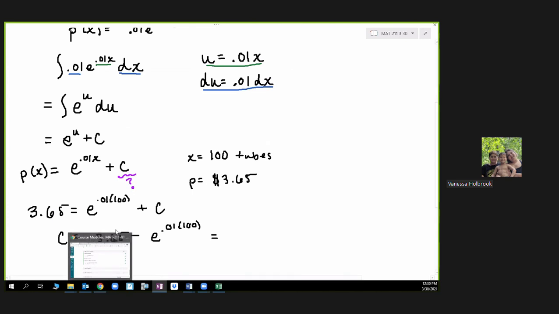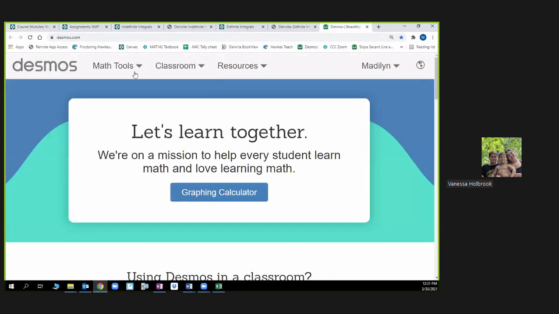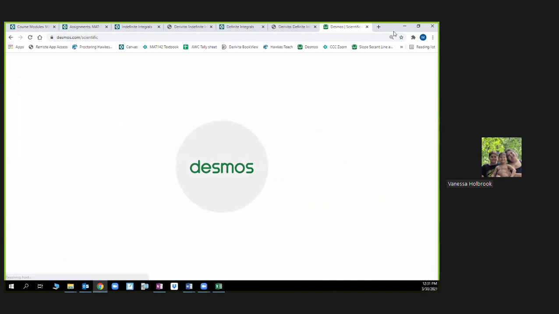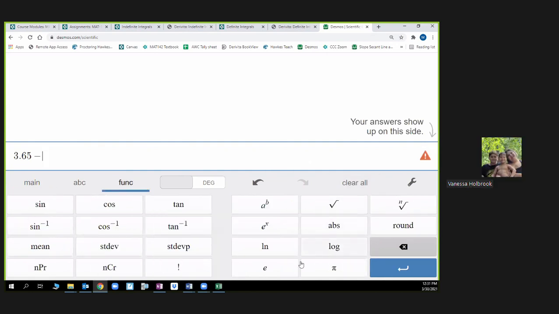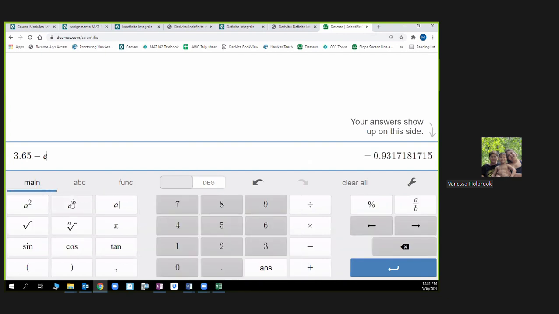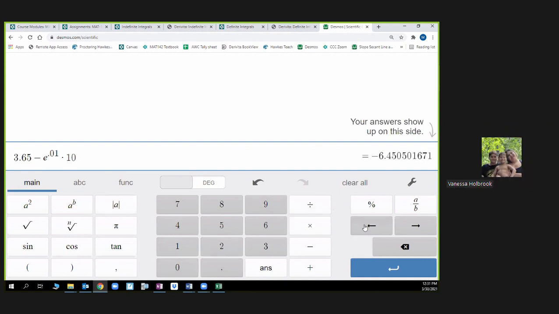It's going to bring up Desmos. So we have 3.65 minus e to the 0.01 times 100, which would be 1.